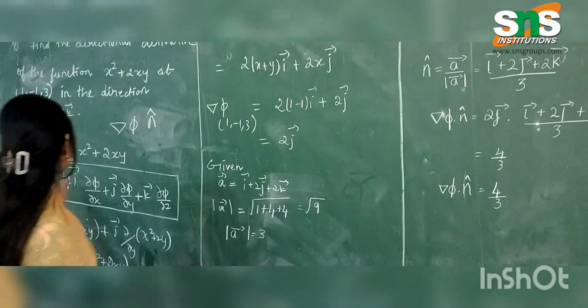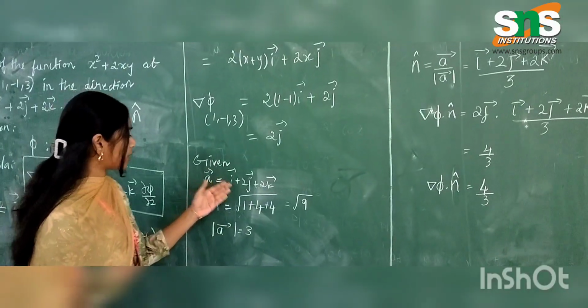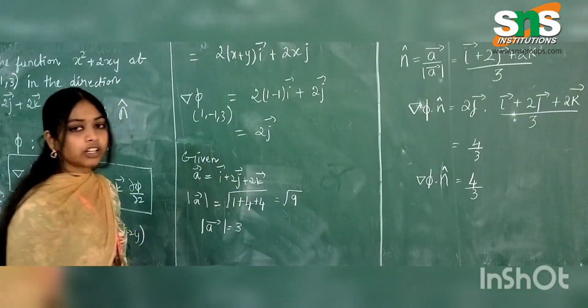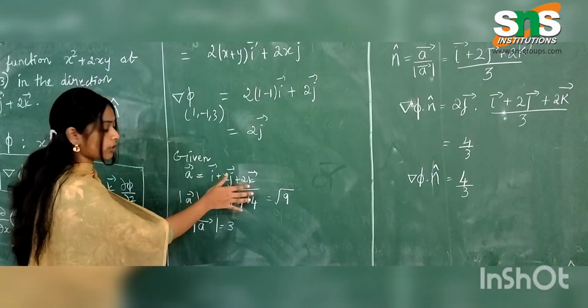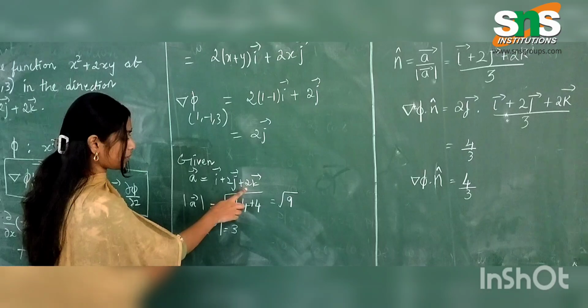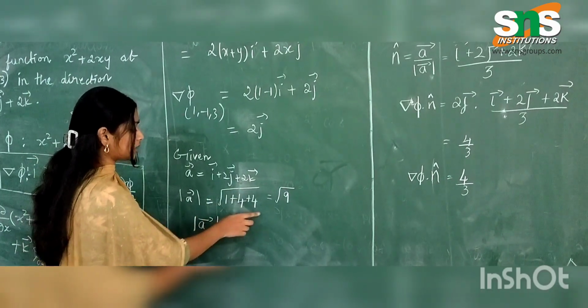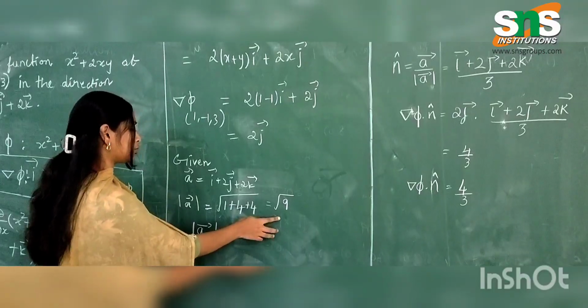So as we know the direction is given as a vector equal to i vector plus 2j vector plus 2k vector. When we are doing modulus we have to square all the coefficients of the vectors. So 1 square is equal to 1 and 2 square is 4 and 2 square is 4. When we are adding all three we get 9 and we also know that the root of 9 is 3.